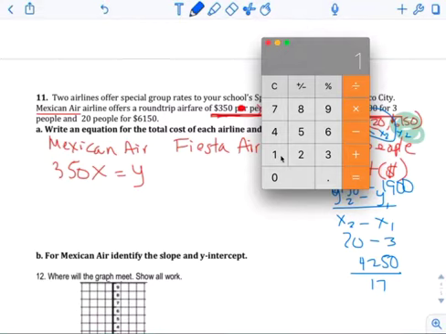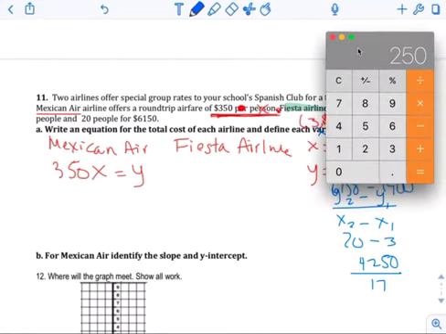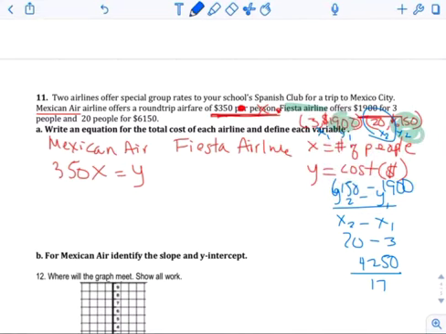Divide that by 17. 250. That's your rate of change. That's your slope. Remember that rate of change and slope mean the same. And so your slope is 250. That's the m. Then you do y minus y1 equals m parentheses x minus x1.